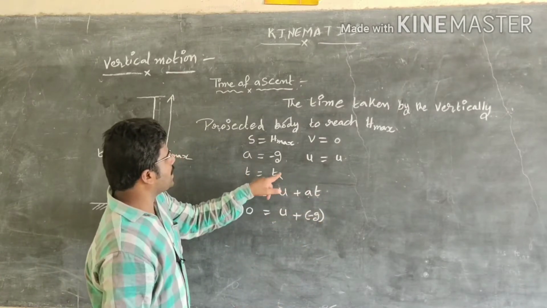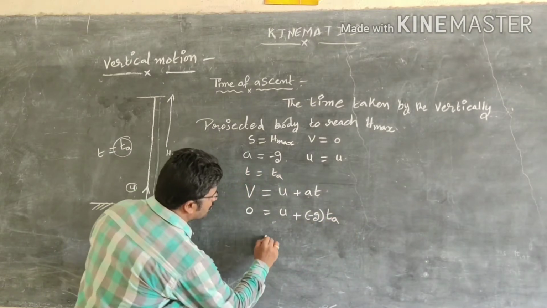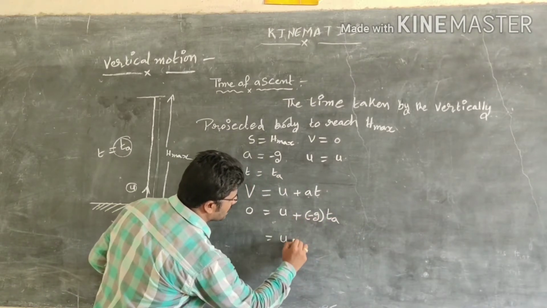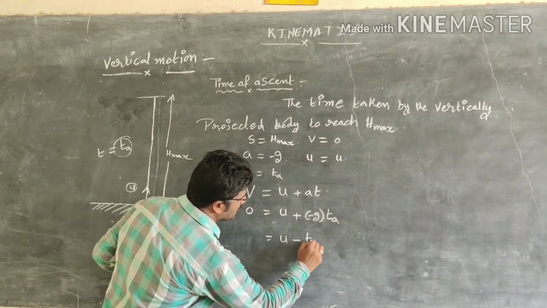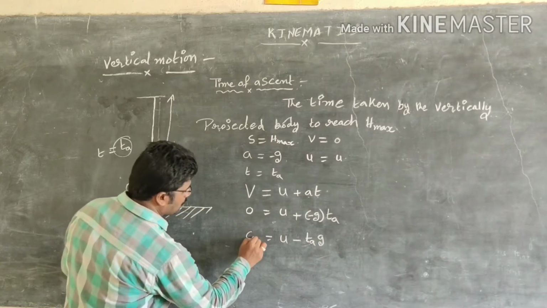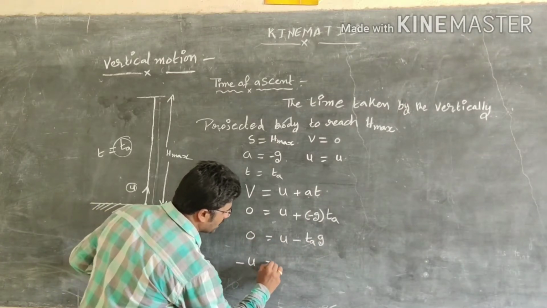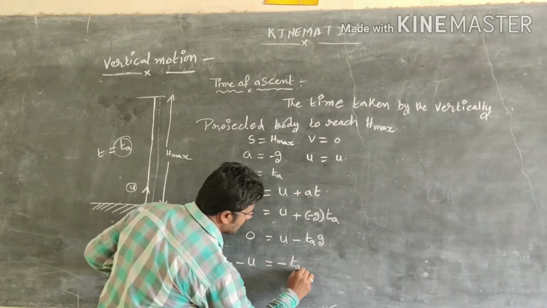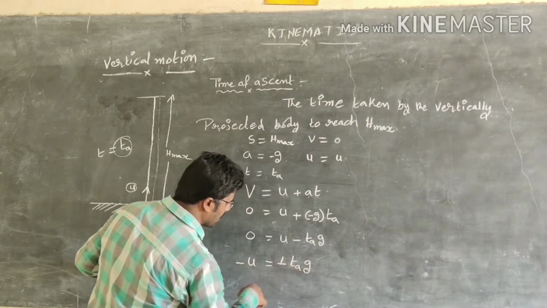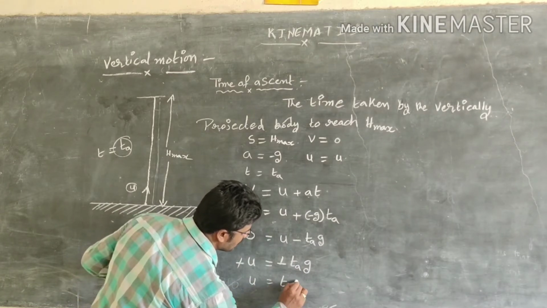In place of t, we write Ta. Therefore, 0 equals u plus minus Ta into g. If you bring u to this side, it becomes minus u equals minus Ta into g. Minus minus gets cancelled. u equals Ta into g.